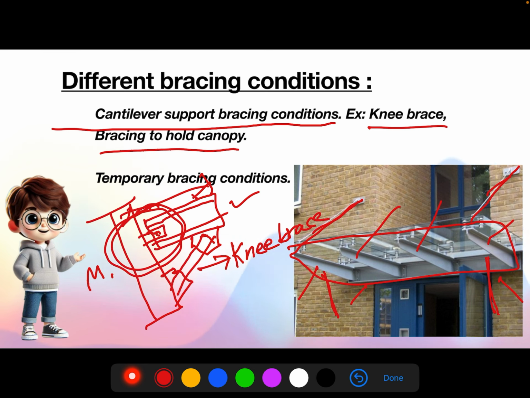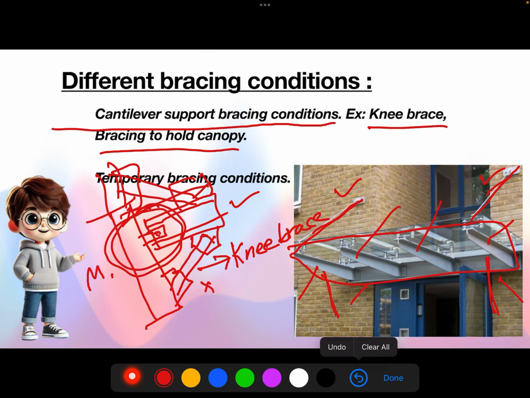This is the same condition. We can provide bracing like this also, instead of this. In the same way, we will provide the bracing above the framing. So these are the two conditions where there is a requirement of knee brace or kicker angle, we can say.